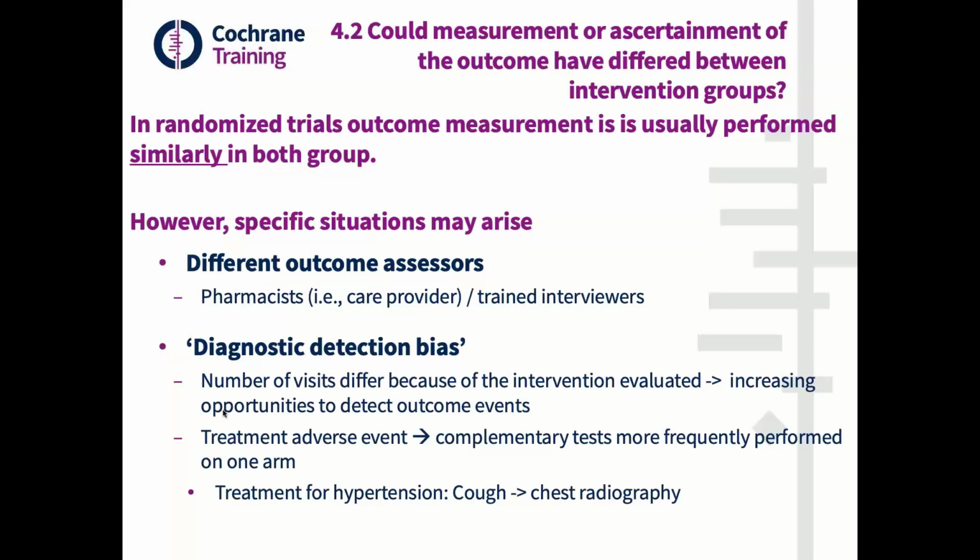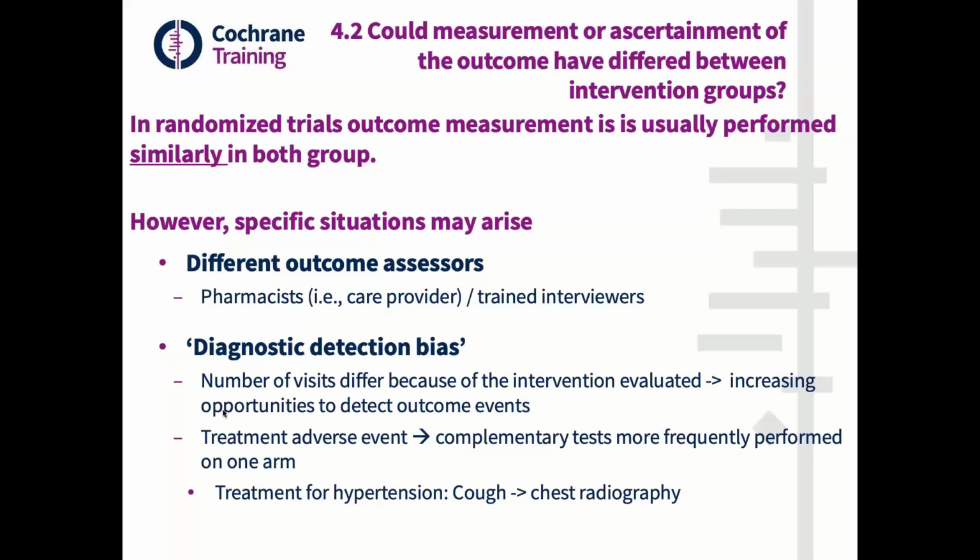For example, in a study where the goal was to improve the blood pressure of patients with an intervention that involved some pharmacists who provided advice to patients, because of the organization of the study, the experimental group was evaluated by the pharmacist, while the control group was evaluated by trained interviewers.